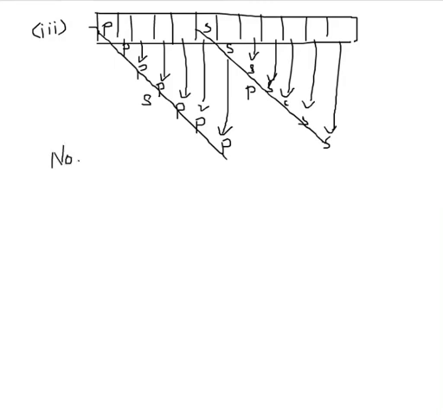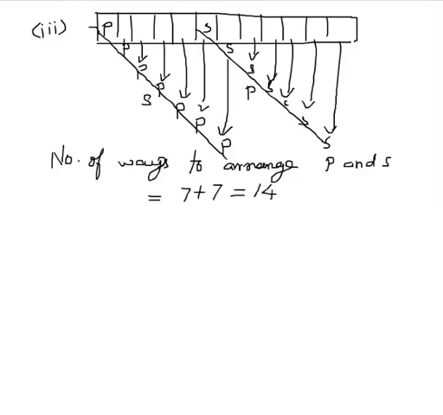So number of ways to arrange P and S is equal to 7 plus 7, 14. Why are we adding here? Because we can arrange P, 4 letters and then S, or we can put S first, then 4 letters and then P. We use the word or, we have to add.